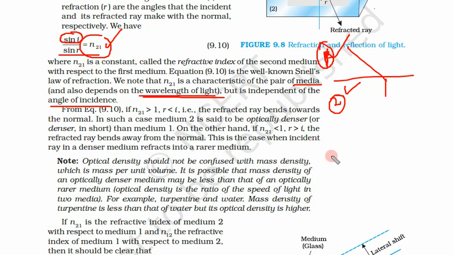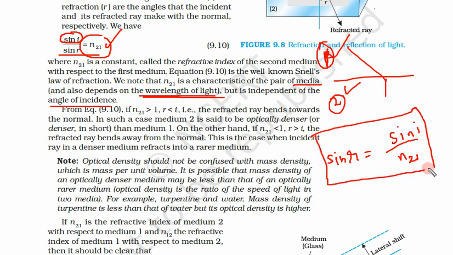If we have to calculate the angle of refraction, it is nothing but sin i upon n21. In this way, if we know the refractive index of material 2 with respect to material 1, and we know the incidence angle, then we can tell the angle of refraction.